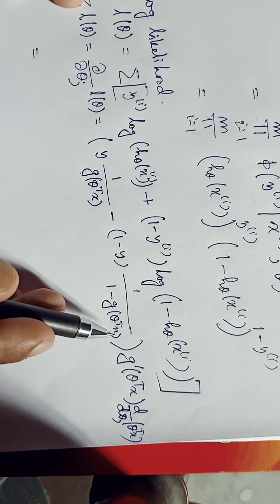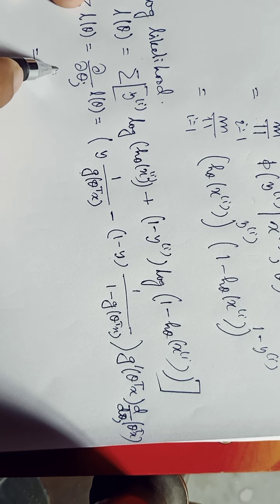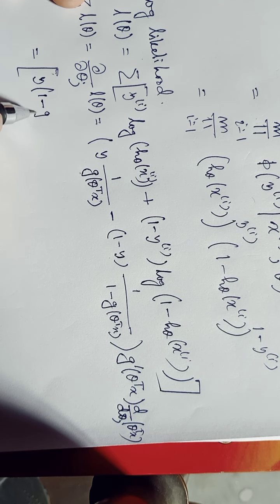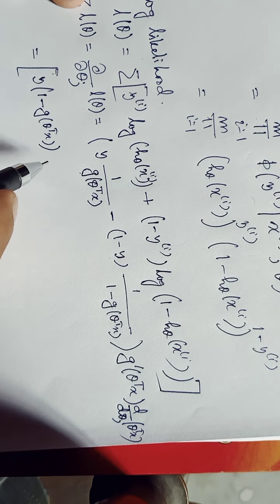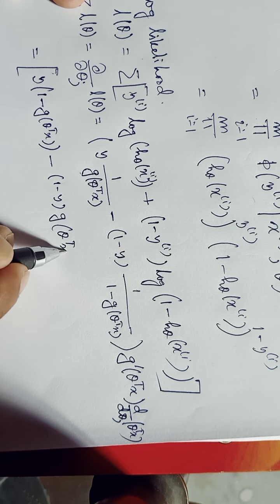so if we simplify this, we will get y into 1 minus g(theta transpose x), minus 1 minus y into g(theta transpose x).